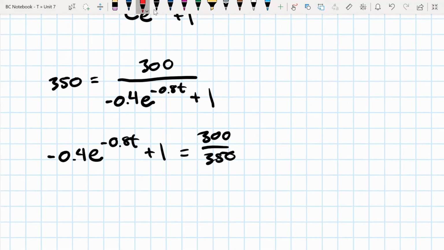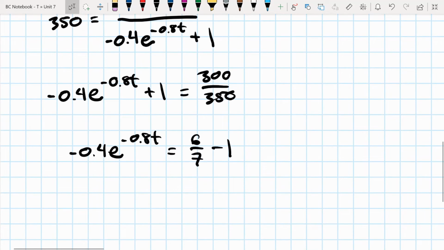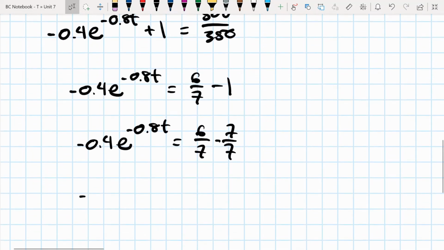Again, we can switch these around. So let's subtract 1 on both sides. Well, this is 6 over 7 minus 1. So negative 0.4 e to the negative 0.8 t is equal to 6 over 7 minus 7 over 7. So negative 0.4 e to the negative 0.8 t is equal to negative 1/7.